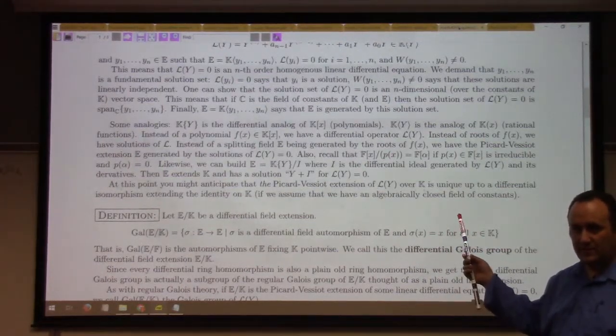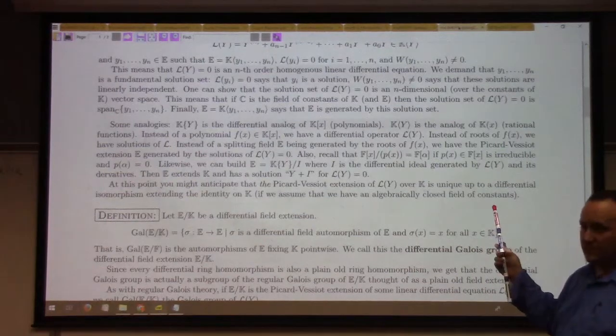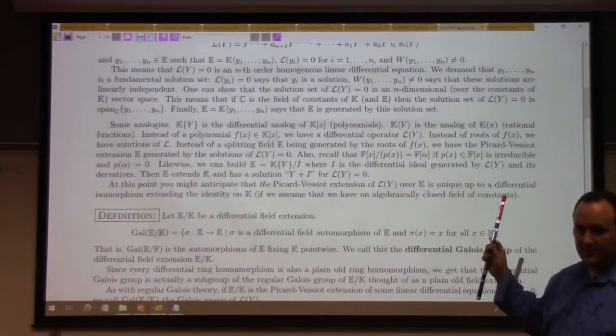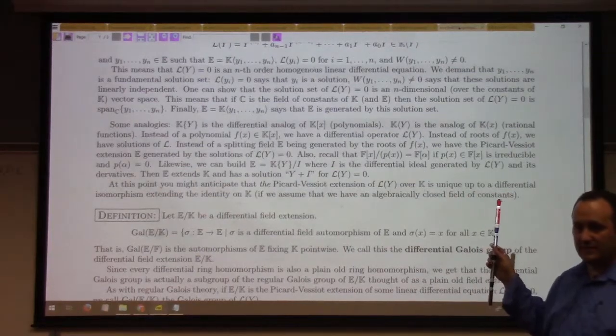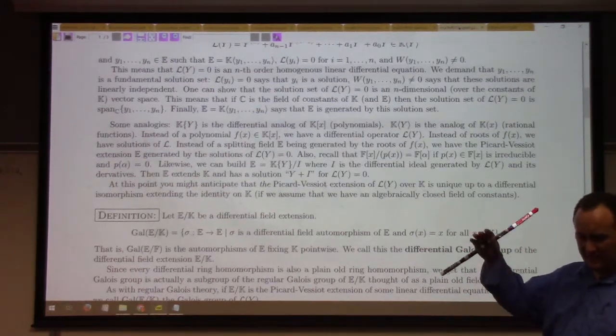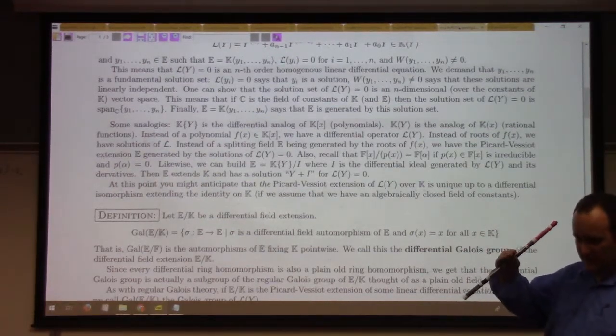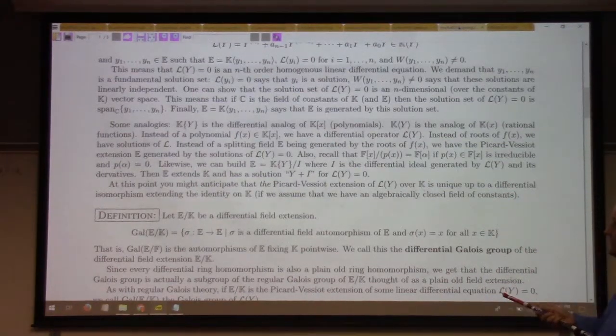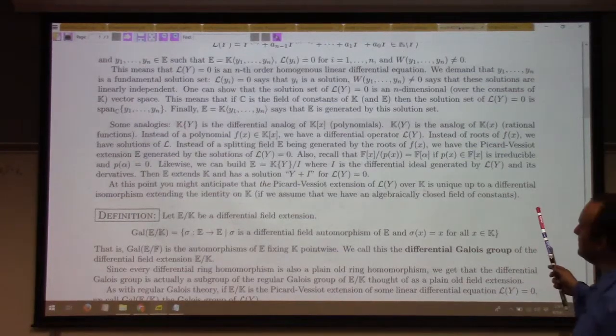It's because the solution set to a differential equation is finite dimensional. The fundamental solution set has n things in it, and the solution space is really an n-dimensional vector space. If it's non-homogeneous, it's an affine translate of that, because the homogeneous solution lifts the solution space off the origin. I digress.